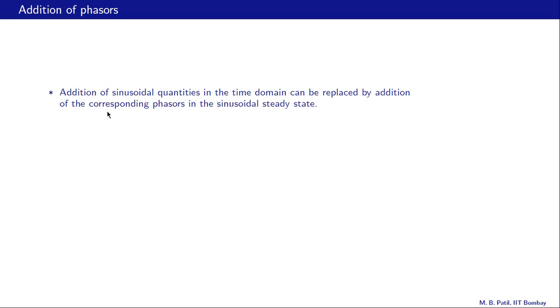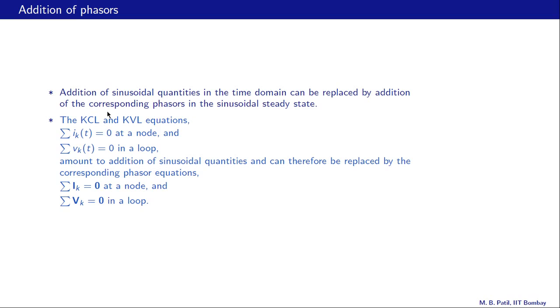And this is very important for us because of the following point. The KCL and KVL equations, that is sigma ik of t equal to 0 at a node, that is all currents at a given node add up to 0, and sigma vk of t equal to 0 in a loop, that is all voltages as we go along a loop add up to 0.